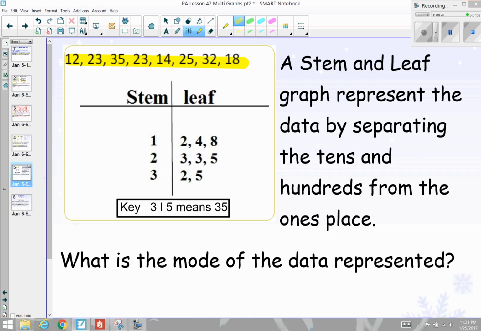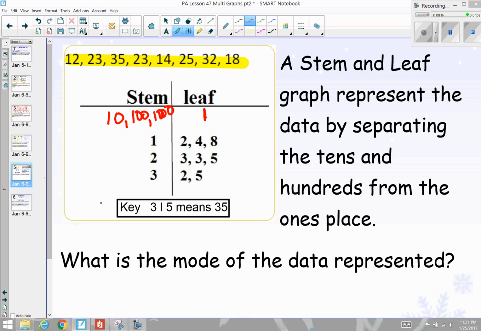And the stem and leaf is a graph that represents values by separating them by place value. So the stem is either our values of 10 or 100, or you could even go into thousands or 10,000s, however high you need it. But the leaves are always just simply going to be our ones place values.